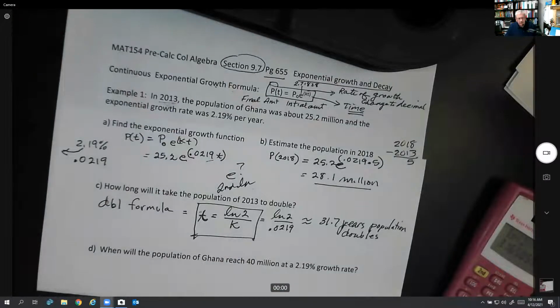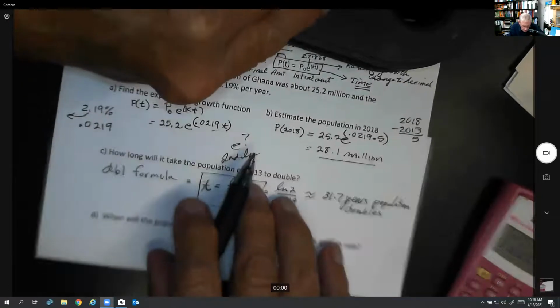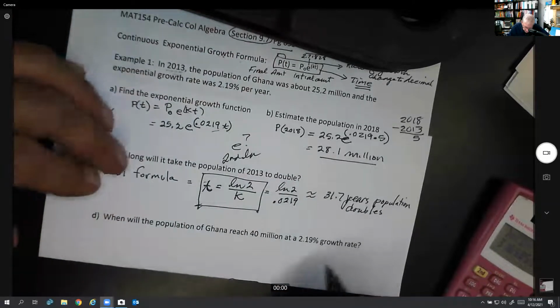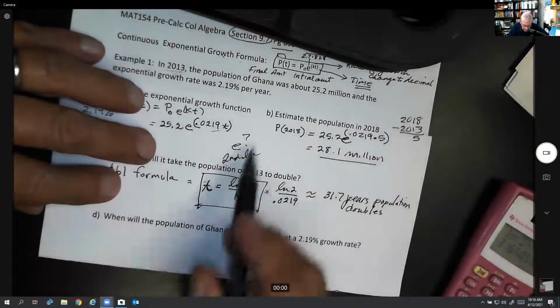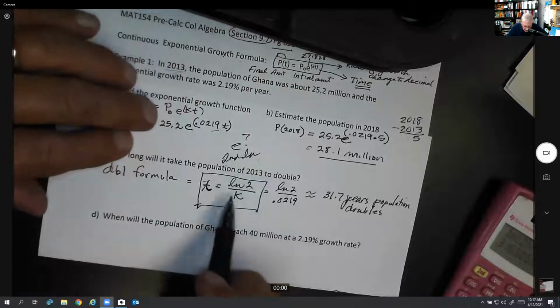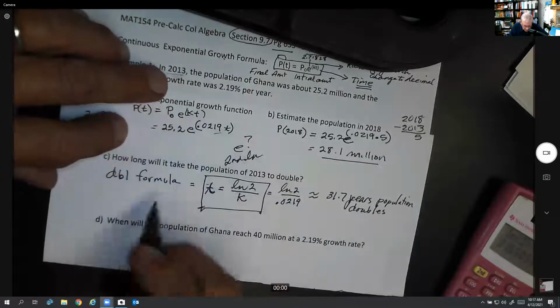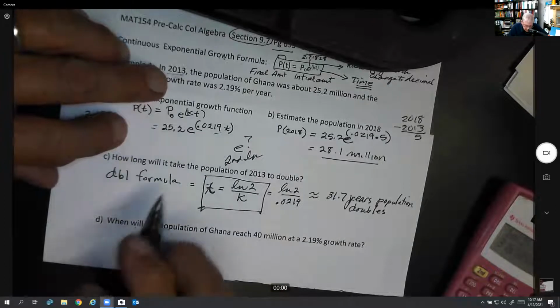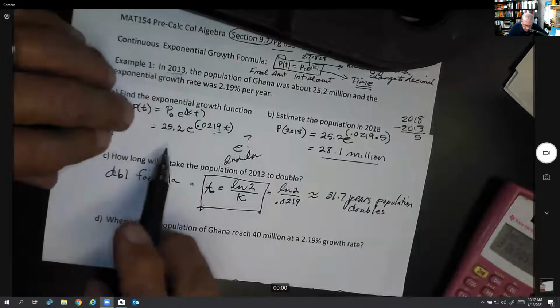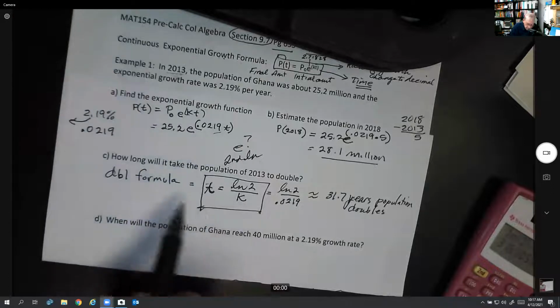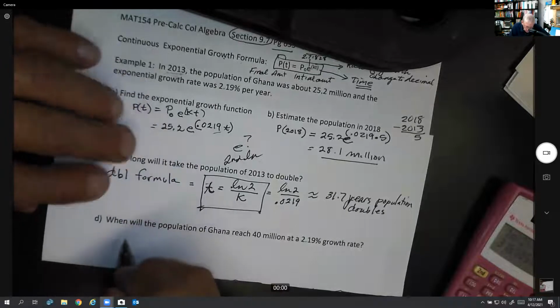Okay, it says when would the population of Ghana reach 40 million at this great growth rate? Okay, so what we're going to do is a little bit more complicated. Take our original formula, which is this one right here. And we want to know when is it going to reach how much? 40 million.